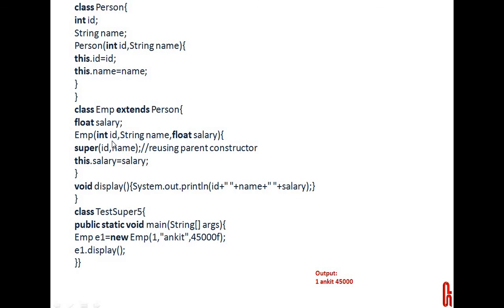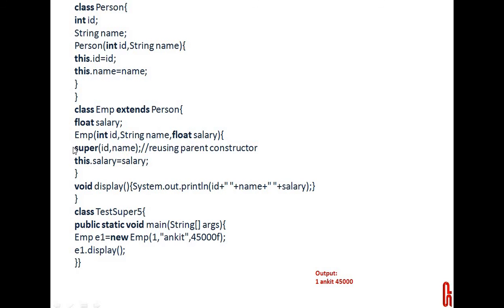So person as well as employee is getting ID and name value upon creation of object. So person object will be having 2 values, ID and name value, and EMP object or employee object will be having 3 values, ID, name and salary.